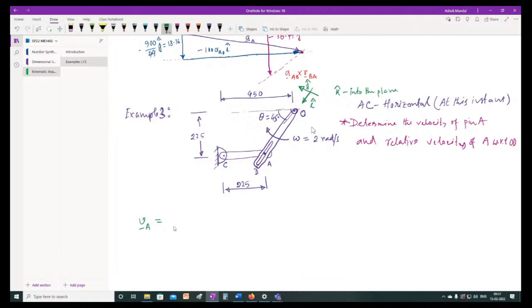Velocity of point A equals VO plus VA with respect to O. In this case, you can see that the point O is a fixed point, so this velocity is equal to 0. That means we only have VA with respect to O. So what are the components of this VA with respect to O?